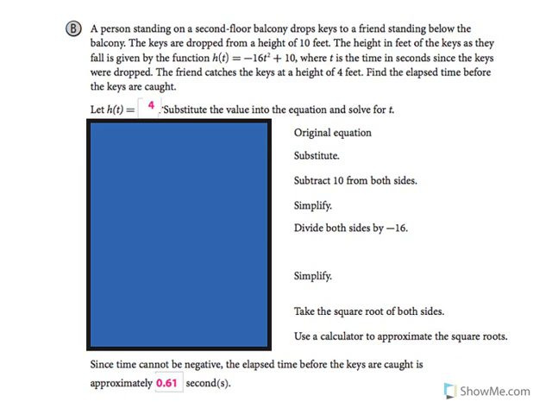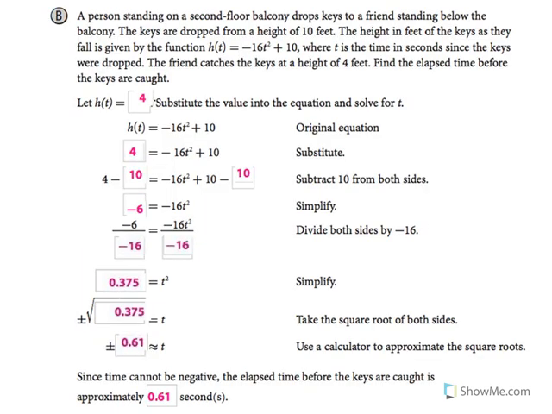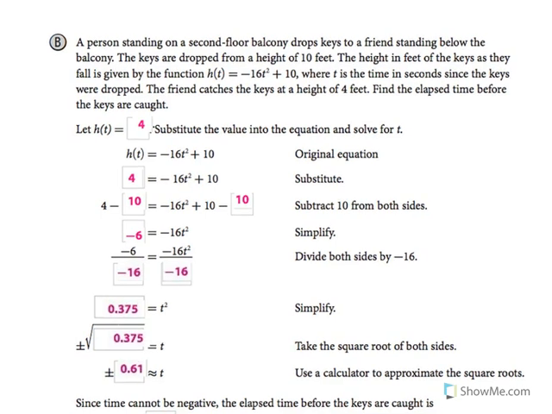Okay, so let's try part B. It's saying that a person standing on a second floor balcony drops a key to a friend standing below the balcony.